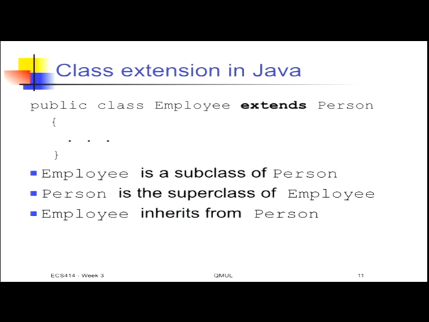But I say Person is the superclass of Employee, so a given class can only have one direct superclass. This is said because Java is called a single inheritance language. Other object-oriented languages may have differences. For example, C++ is a multiple inheritance language. But in Java, you can only have one direct superclass for a subclass.